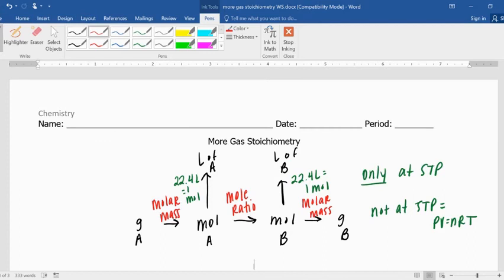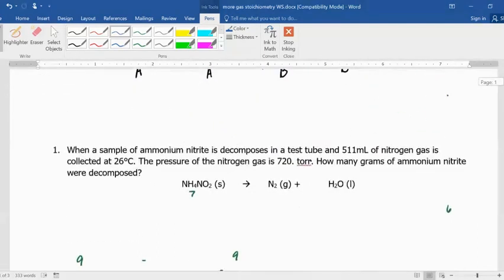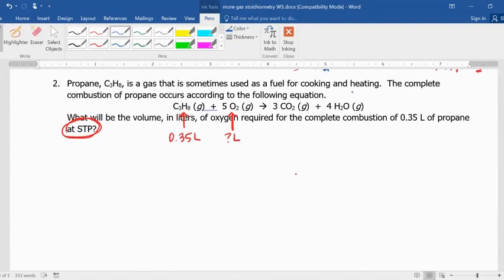So because this problem specifically says at STP, we can now use that. So if you look in the problem, we're starting at liters of one substance, and we want to get to liters of another substance. So we are going to get there by going to moles, moles to moles, moles to liters. We like when we see at STP.